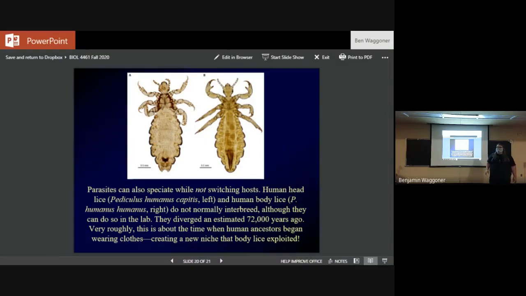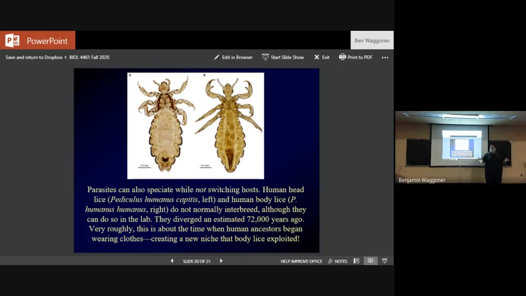So the idea is originally these lice just infected your head, but when your distant ancestors decided that wearing woolly mammoth skin was just the thing for the fall season, some of these lice populations took up residence in the clothing. They found a new niche, right? They could bite you in new areas.